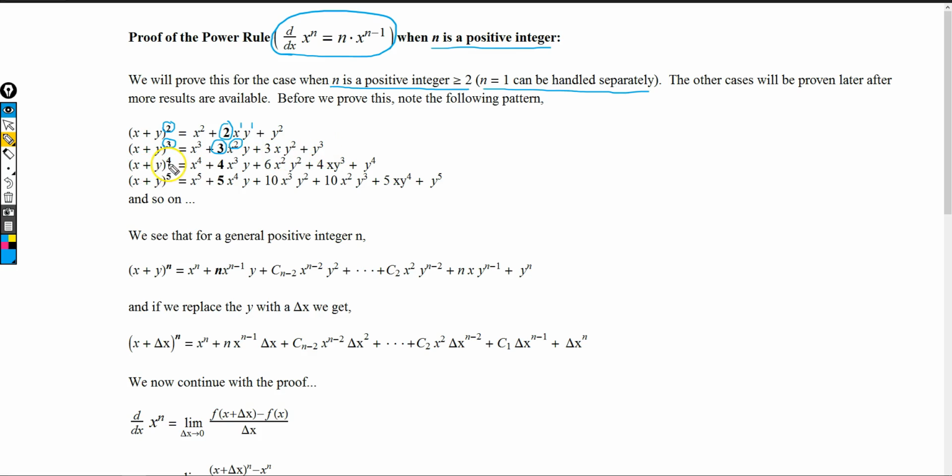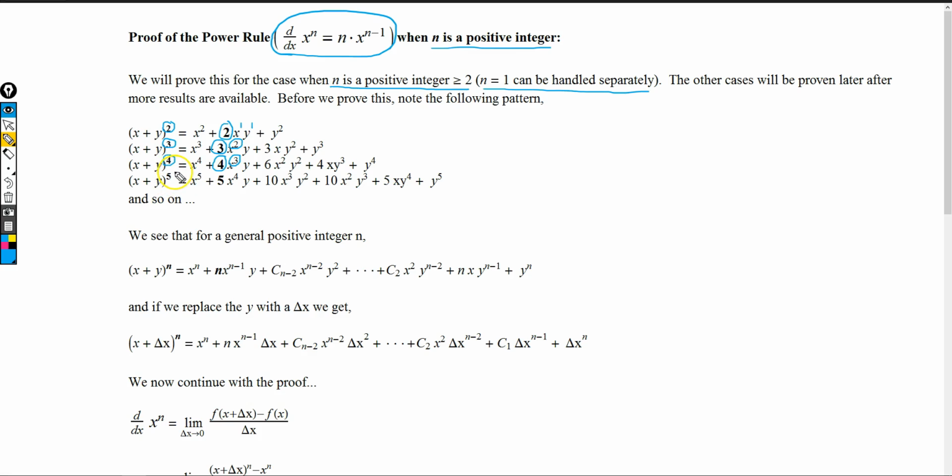Now if you look at x plus y to the 4th power, that's going to be x to the 4th plus 4x cubed y plus 6x squared y squared plus 4xy cubed plus y to the 4th. And notice the pattern here. Notice how you have that 4 right there, a 4 in the exponent here. The power of x is 3 in this case, and that 3 comes from 4 minus 1.